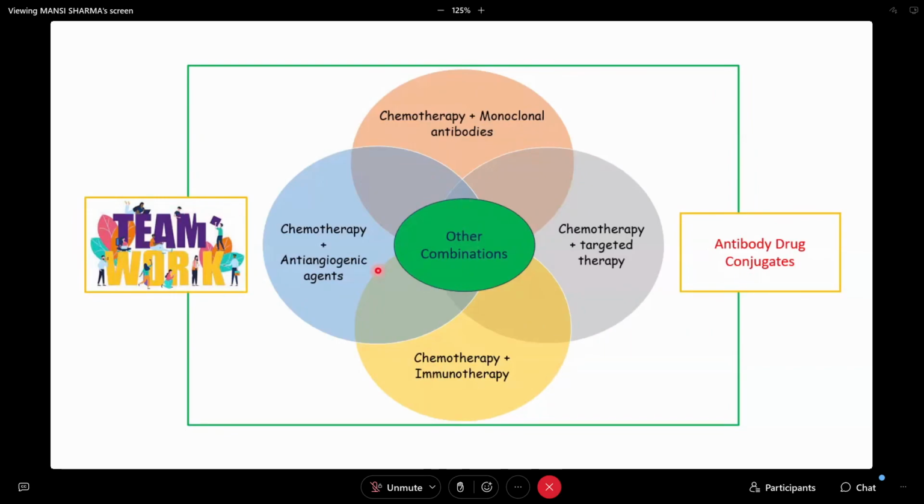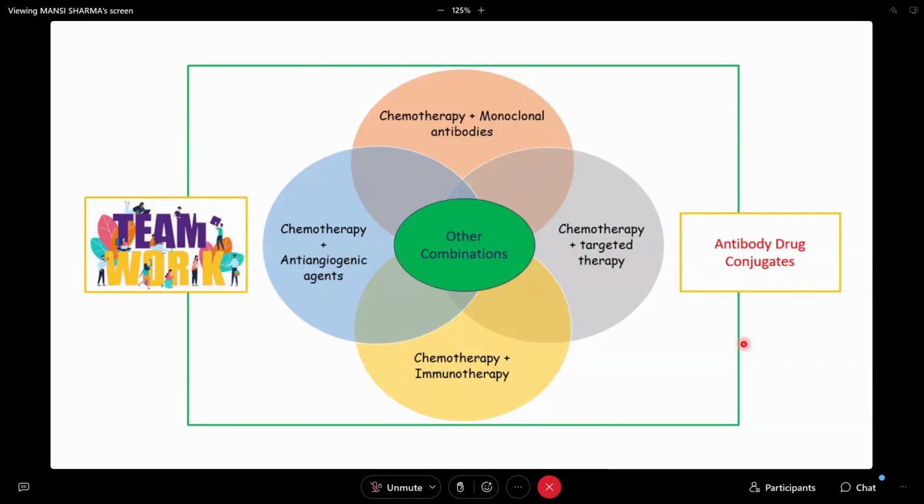We look at chemotherapy and immunotherapy, which is coming into a lot of areas, for example, lung cancer. We look at chemotherapy and anti-angiogenic agents, again in various diseases where they act synergistically. I can think of, off the top of my head, carcinoma ovary, carcinoma colon, etc. And more to build it up further, the new kid on the block is what we call antibody drug conjugates.